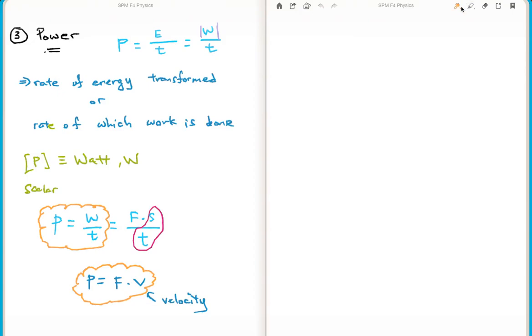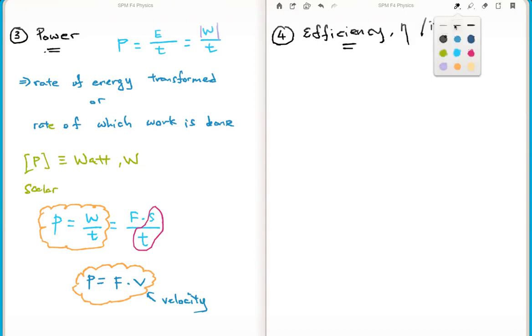The last part here is called efficiency. Does it have a symbol? Yeah, I think it does. It's called eta, pronounced I-T-A. It doesn't really matter if you don't know it, but maybe later you will come across it in some physics book. So what's efficiency?